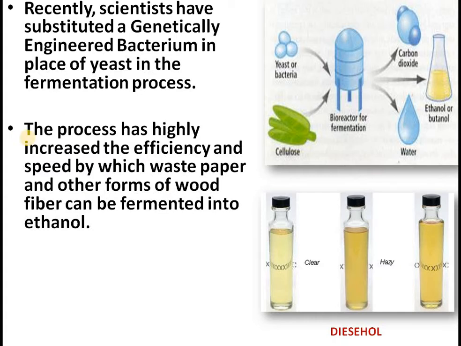So this is a more attractive business, because whatever waste paper and wood waste is left behind, you can make it into a suitable solution and add the genetically engineered bacterium, and it will decompose into useful biofuels.